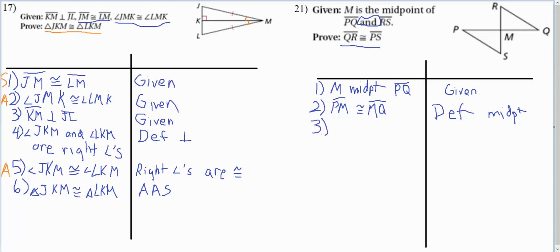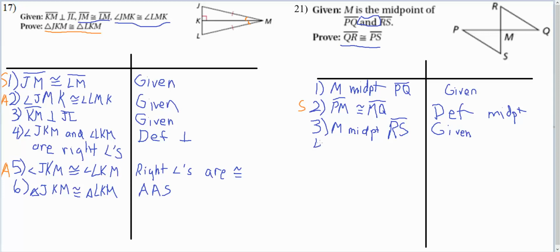Alright, so step 3, and let's notice we did hit a milestone with that. We proved sides. So step 3, we're going to go with our second given statement. It is that M is the midpoint of RS. Which of course was given.